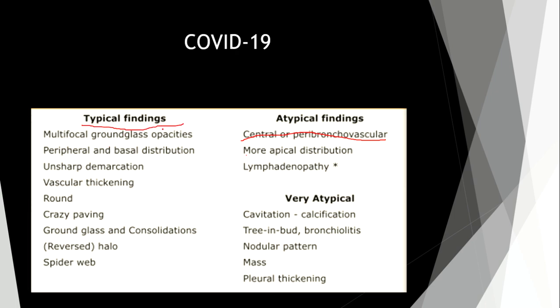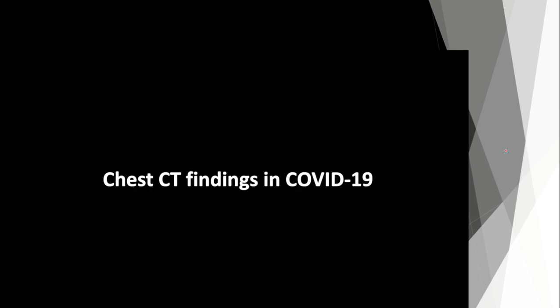Typical findings, in most of the cases, are bilateral. So we have ground glass opacities in both lungs, here and here, for example.